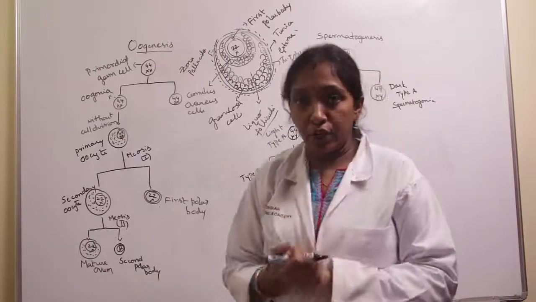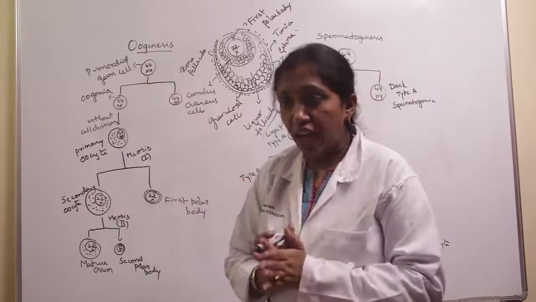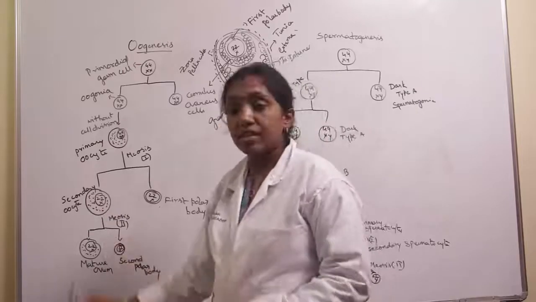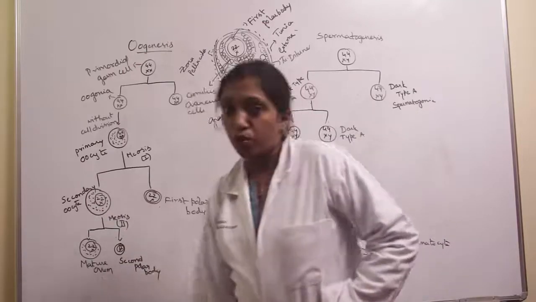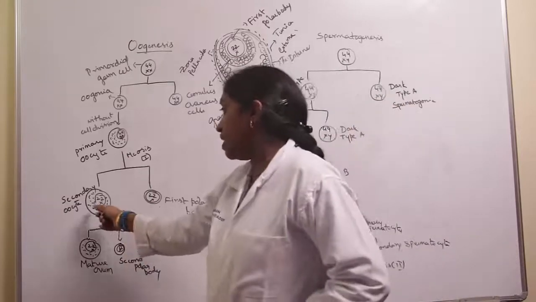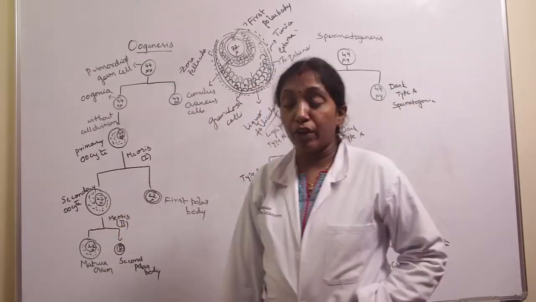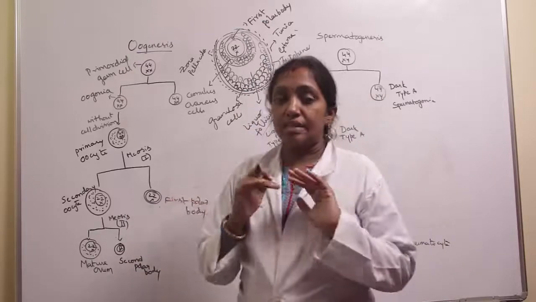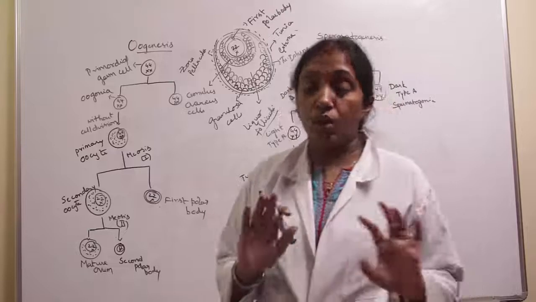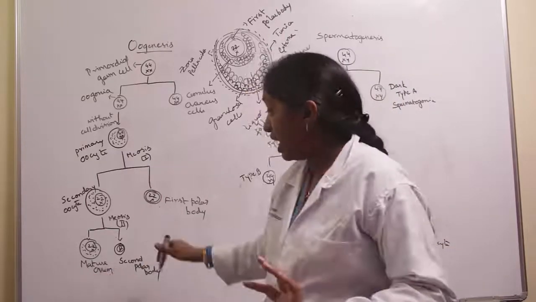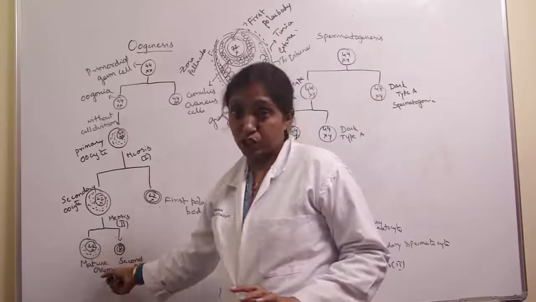After entering the uterine tube, if fertilization occurs, only then does this secondary oocyte complete meiosis II and convert into a mature ovum. Just before fertilization, the secondary oocyte completes its second meiotic division and converts into a mature ovum. If not, the secondary oocyte is shed along with the menstrual bleeding. That's about the secondary oocyte and the mature ovum.